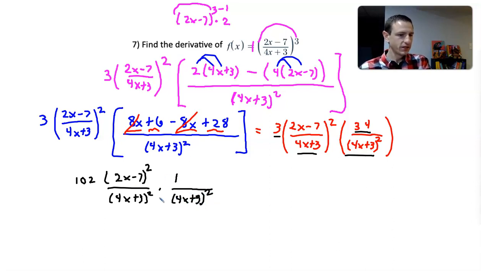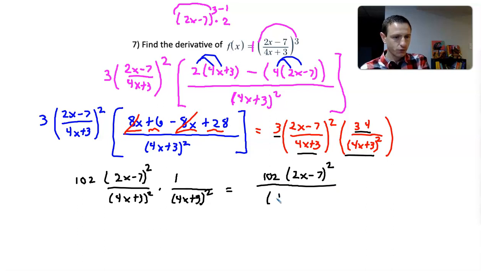I didn't necessarily need to write this step down, just showing you the process, but you could probably do that mentally. So this is (2x minus 7) squared, (4x plus 3) squared, (4x plus 3), (4x plus 3). So then we'll have 102 times (2x minus 7) squared over (4x plus 3) to the fourth.